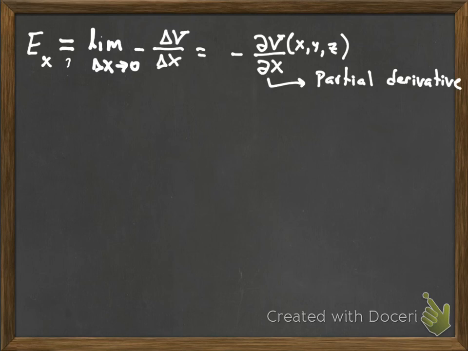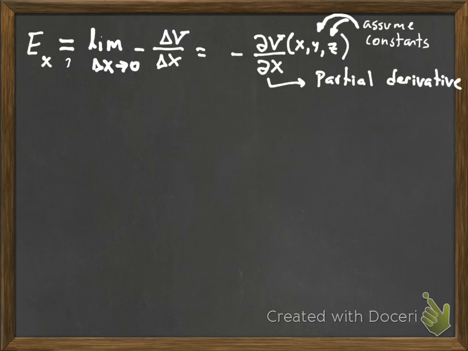The idea is that the electric potential is a function. It depends on, in principle, 3 coordinates in space: the X, the Y, and the Z. So what we're doing here to calculate the X component of the electric field is to take the derivative of that function, but only with respect to X.